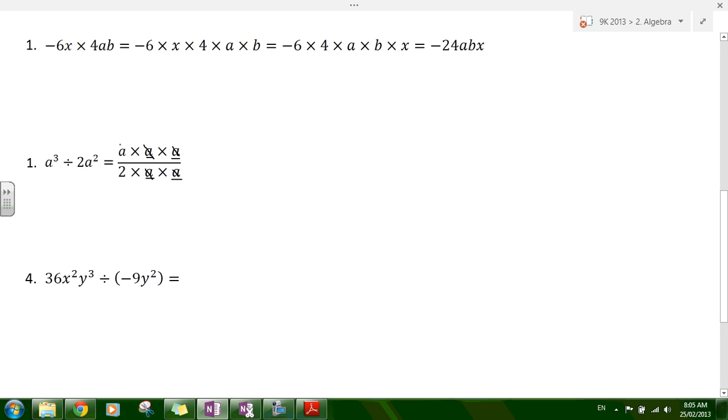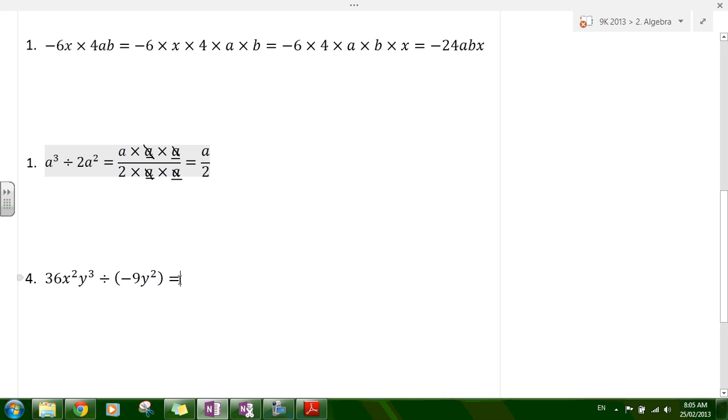What we're left with here is a over 2. And that's what we're going to give as our answer. So we have equals a over 2. So that's the next step. We're making sure we cancel out common factors, and then we write our solution.